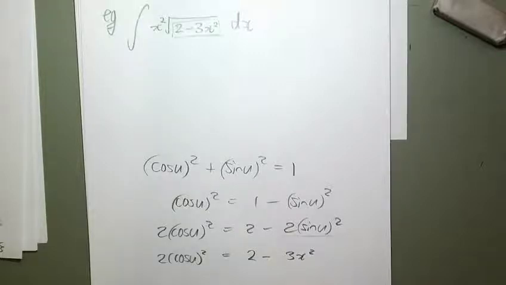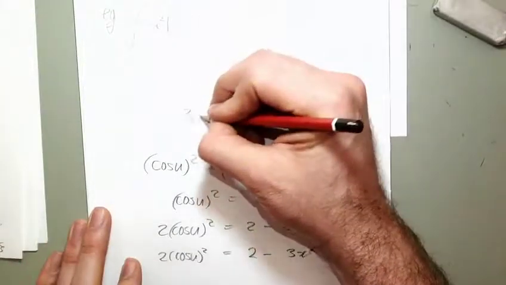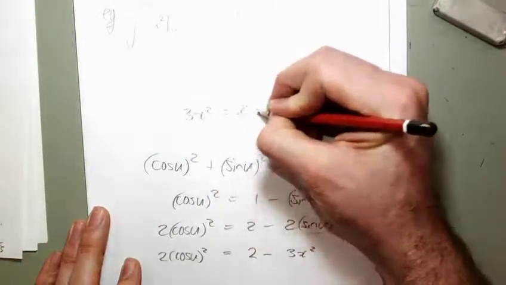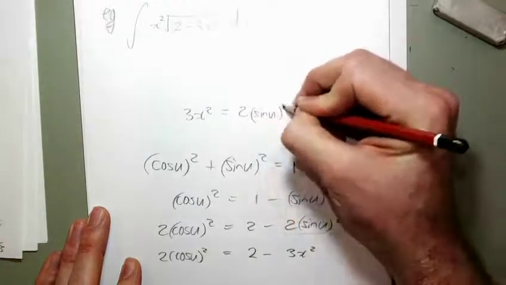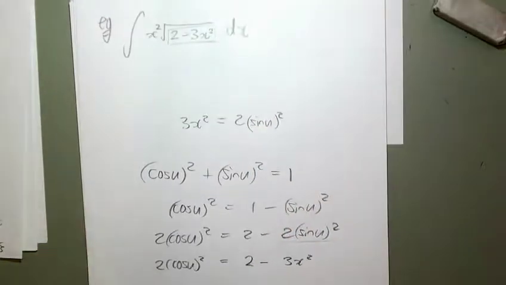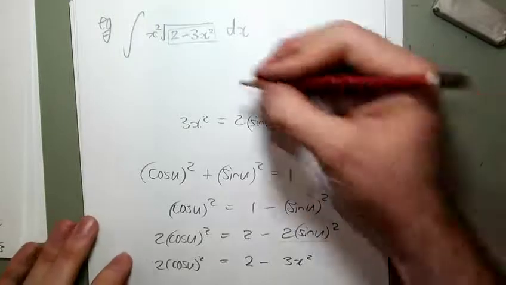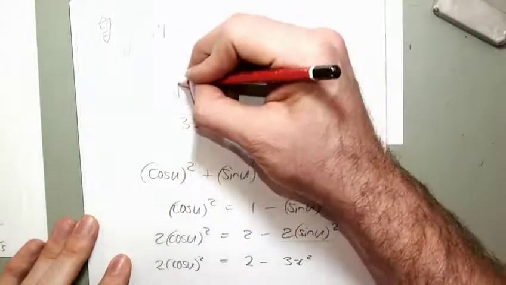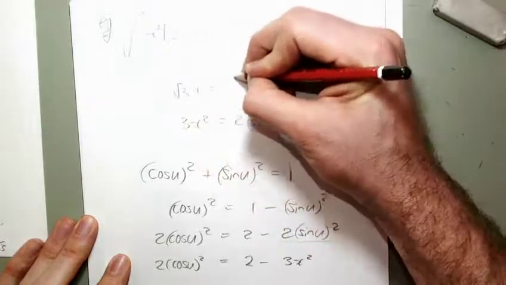Okay, so I just declare that 3x squared is 2 sine u squared. Which means that when I do the square root of both sides, going backwards, I'll get root 3x equals root 2.